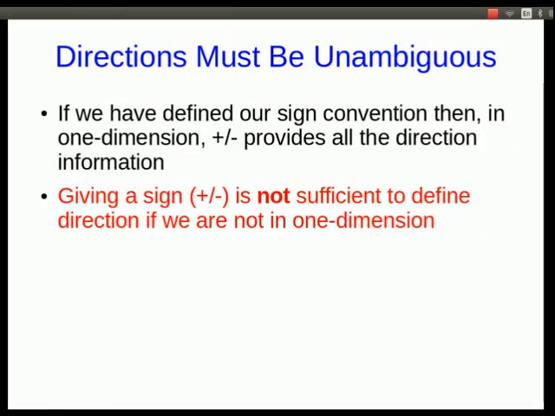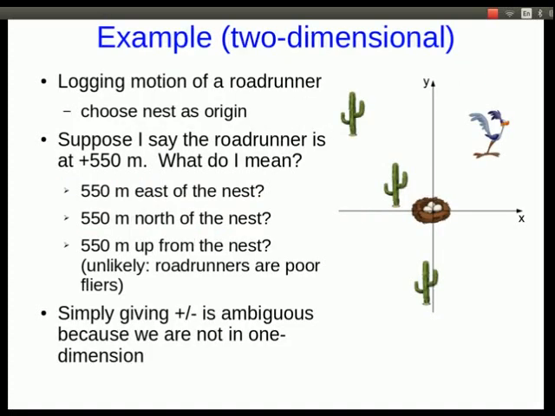But now let's think about sometimes when it isn't, right? That was a one-dimensional example. But if we're in a 2-dimensional example, then it's not sufficient. So let's say we're field biologists and we are logging the motion of a roadrunner. Maybe we might choose the nest as its origin. It's presumably near the middle of its territory.